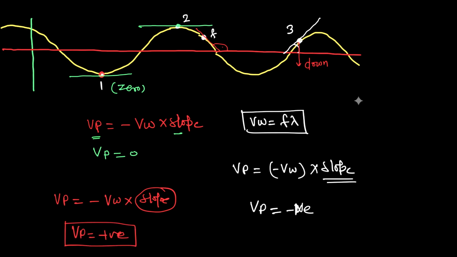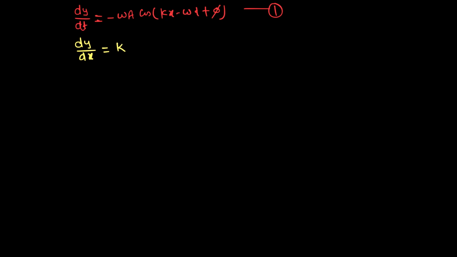Now one more thing. If I differentiate this formula once again, the first differentiation I got is dy by dt equal to minus omega a cos(kx - omega t + phi). This is the first differentiation equation. The second one is dy by dx equal to k a cos(kx - omega t + phi).